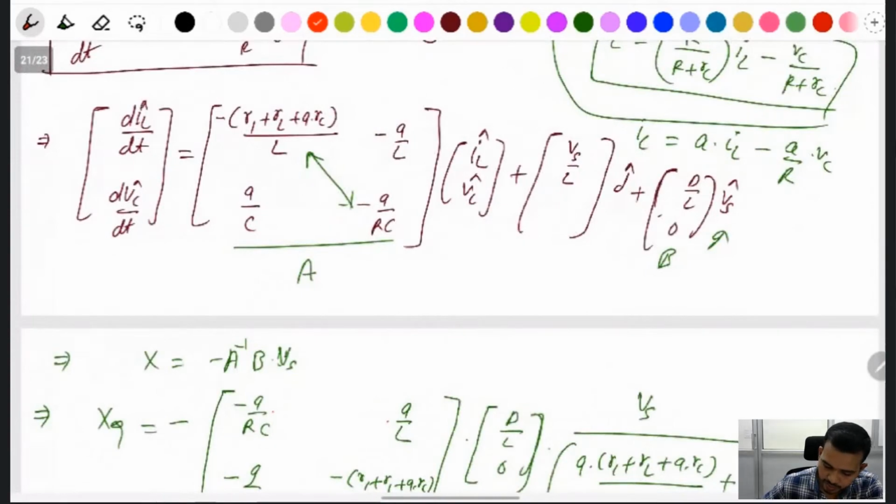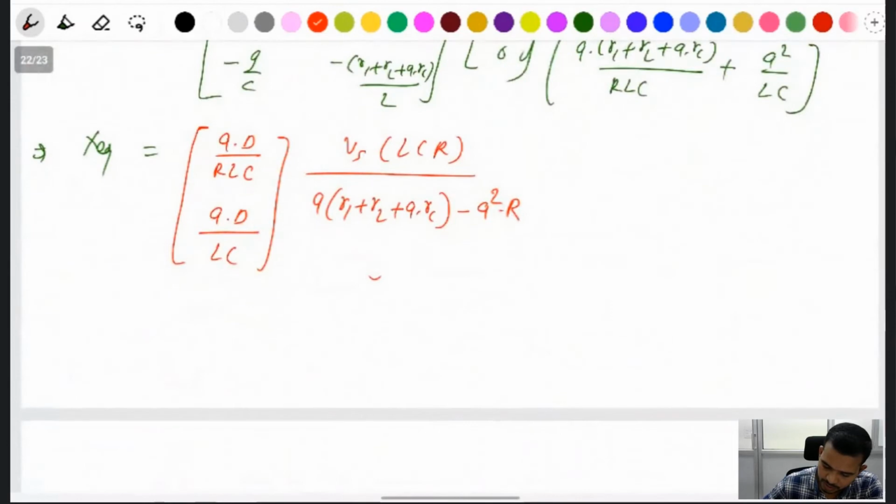Sorry for this. Because of this one negative, this one positive. If you take a determinant of this matrix, then this one multiply minus of this one plus.